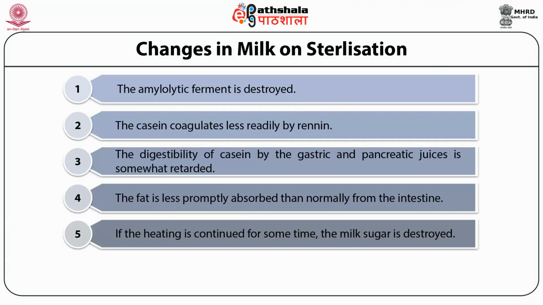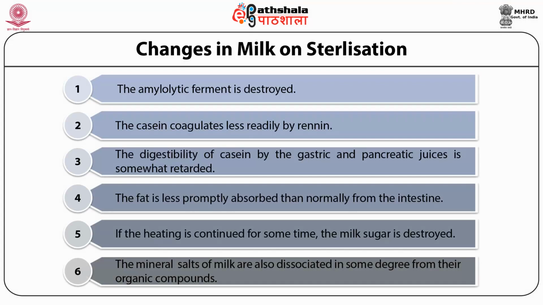Some of the milk sugar is also destroyed. Therefore, the sterilization technique should be employed with great caution. If sterilization is required, then only it should be done. Otherwise, sterilization is detrimental to the product.